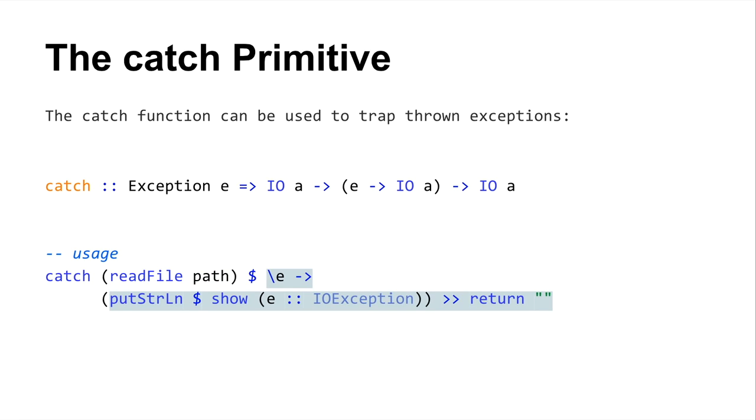It'll run your exception handler, and it'll give you back a value of type IO, whatever you parameterize it with. So in this case, when my exception is encountered, if it is encountered, because I gave it some bad path, I'm going to write to standard out the string representation of that IO exception that was raised as a result of running the value that I got out of fully evaluating that expression right there.